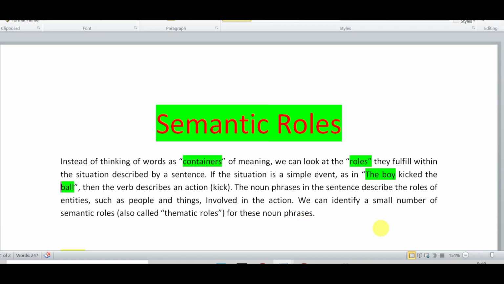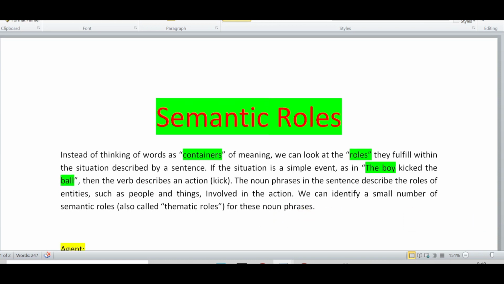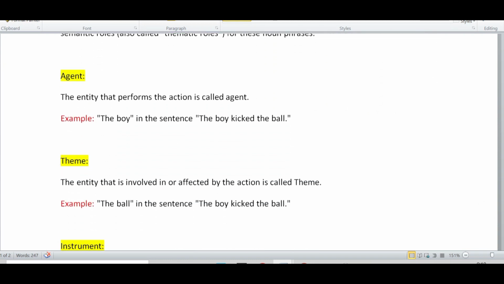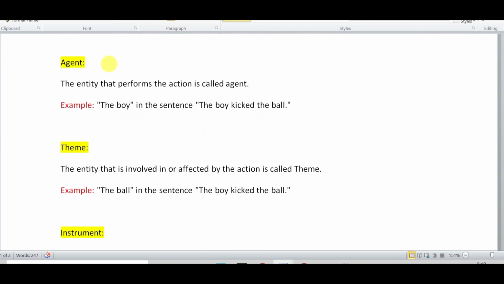Now we will have some examples. Before starting these concepts, I would like to tell you that while studying the parts of a sentence, we have subject, verb, object, preposition, adverb.